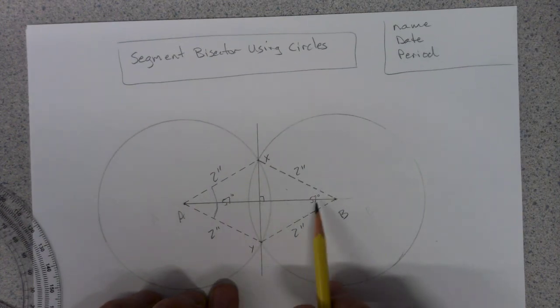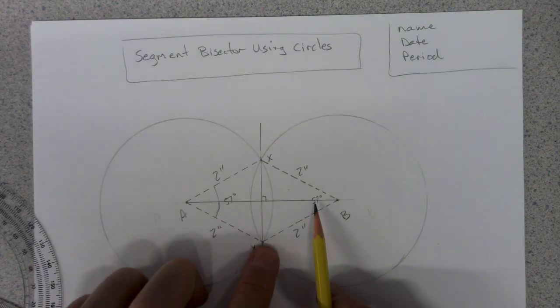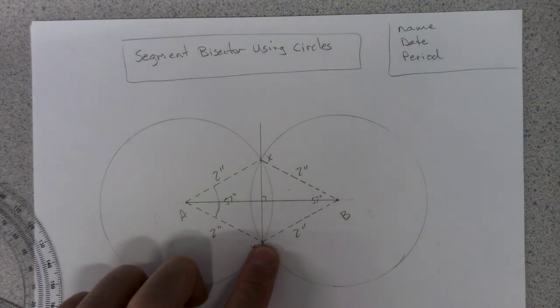Because this is 57, 57 doubled is 114. 360 minus 114 is, oh my gosh, I can't even subtract.